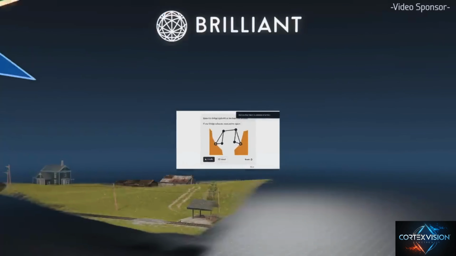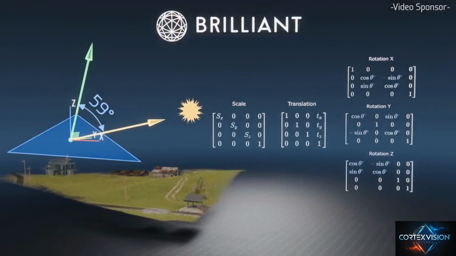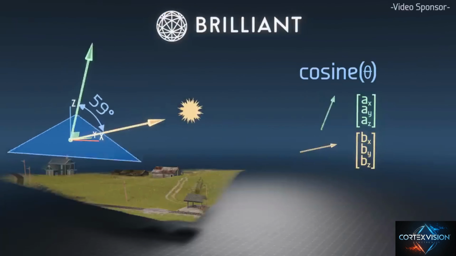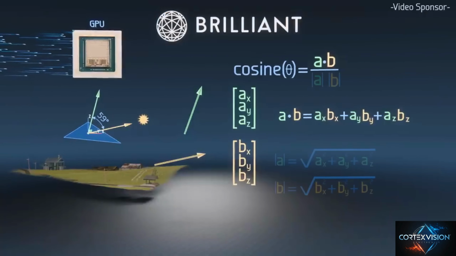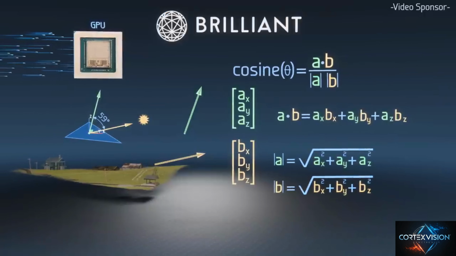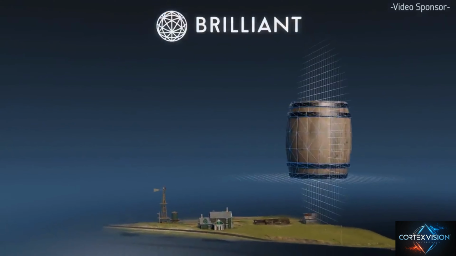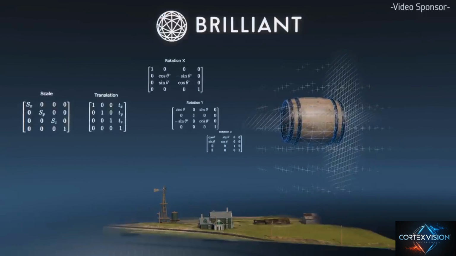Thus far, we've been simplifying the math behind video game graphics considerably. For example, vectors are used to find the value of cosine theta between the direction of the light and the surface normal, and the GPU uses the dot product divided by the norm of the two vectors to calculate it. Additionally, we skipped a lot of detail when it came to 3D shapes and transformations, from one coordinate system to another using matrices.